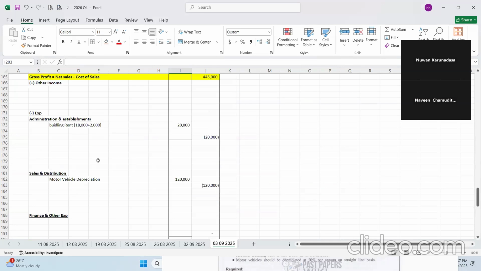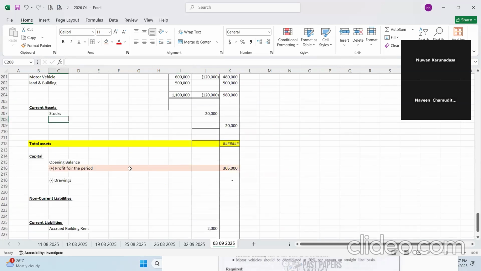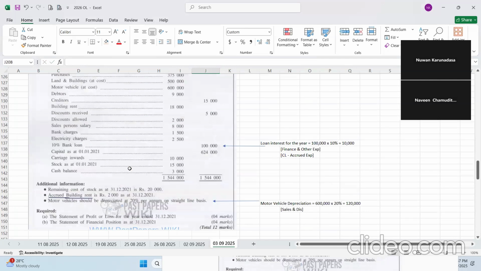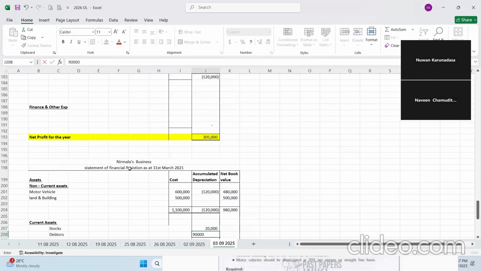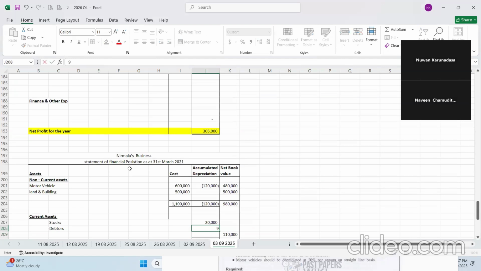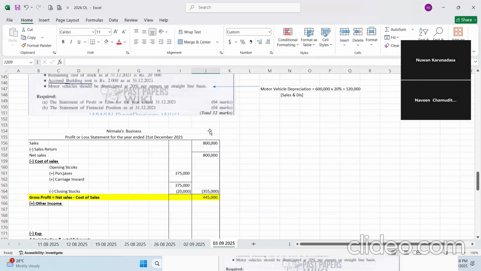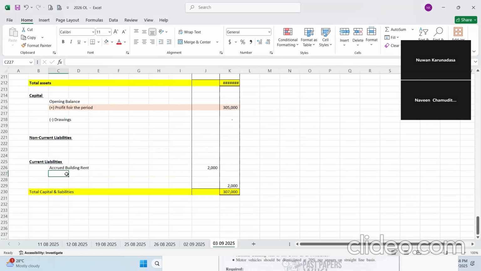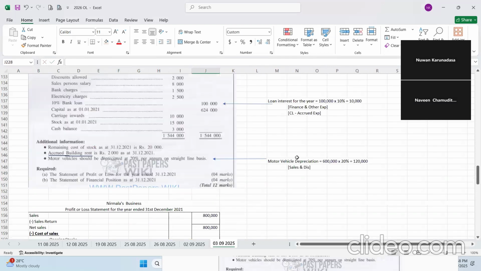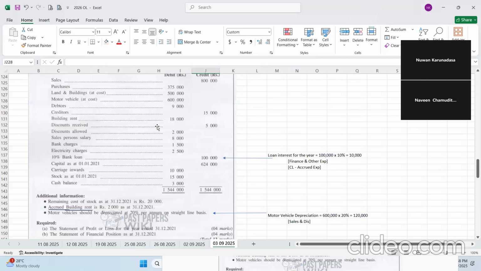Debtors 9,000, current assets. Then creditors, current liability, 15,000. Building rent done.